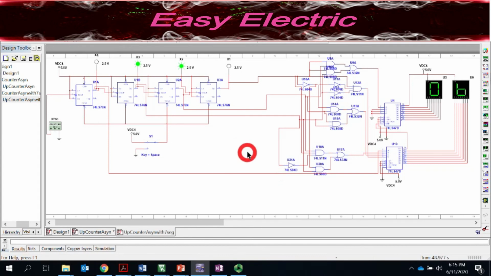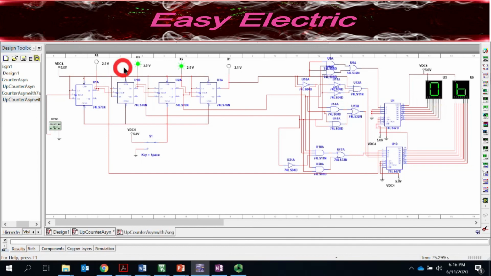Whatever you see on the left is the same circuit, and this circuit is the one that I explained in the binary to 7 segment code converter video. If you check our previous video, I explain the whole thing. So I just connect these 4 outputs that we have to the binary to 7 segment code converter.